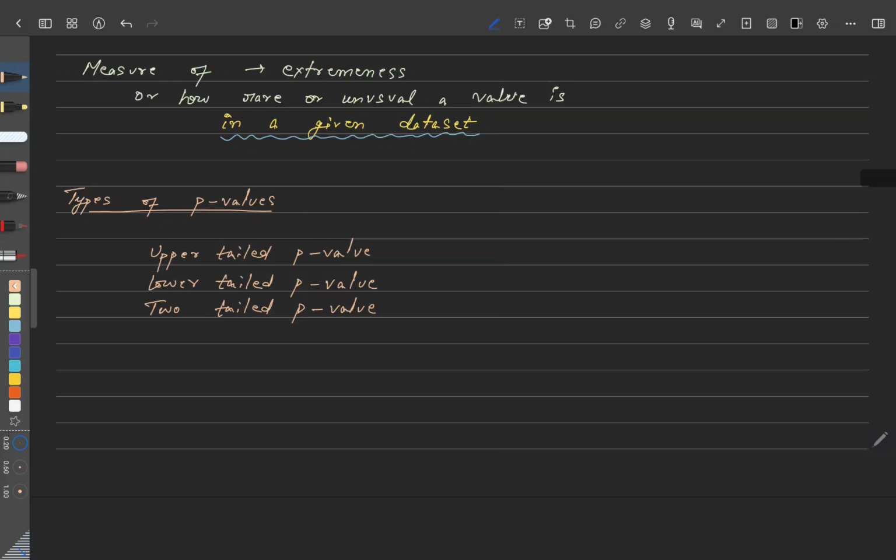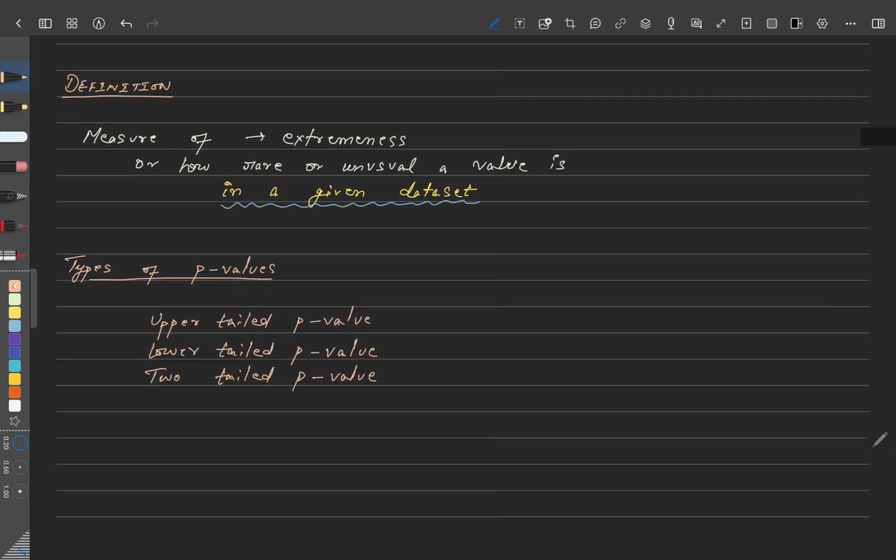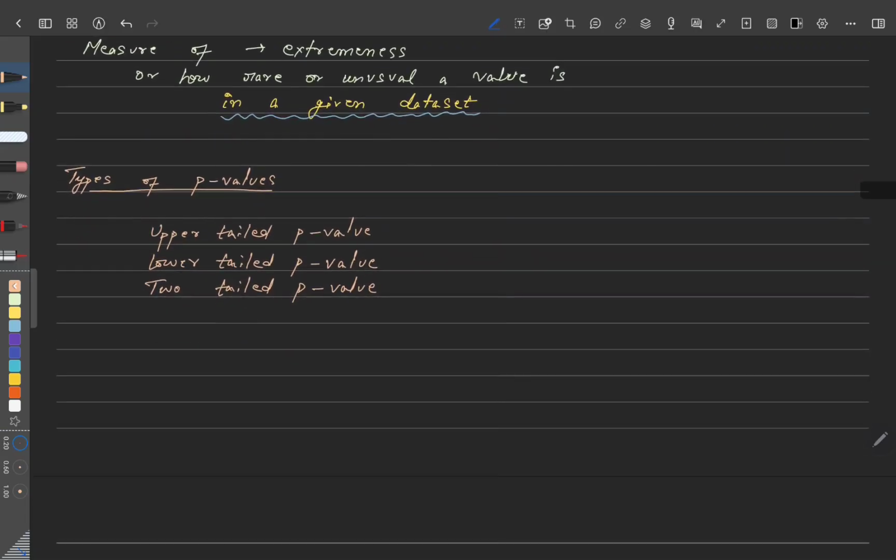So we'll understand each of these using an example, and then you would understand the formal definition as well in a better way. But let us go ahead and understand each of these using a simple example.